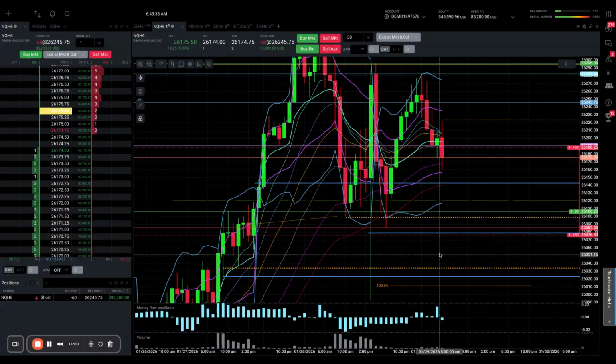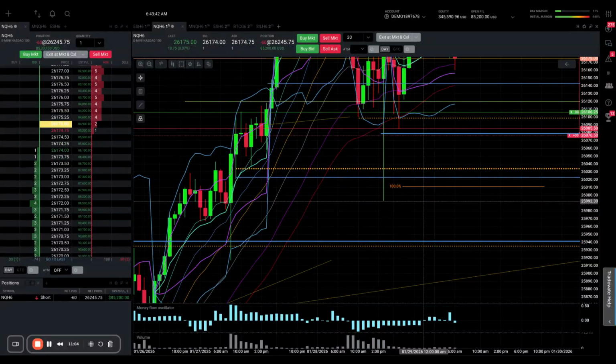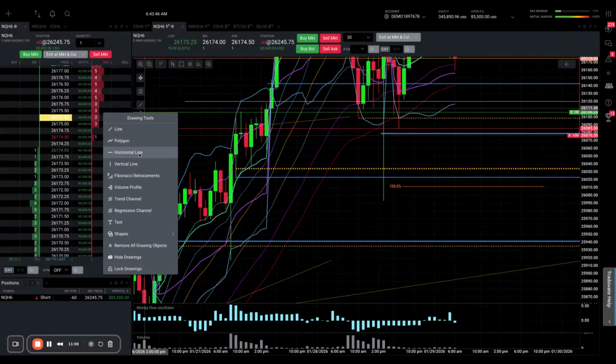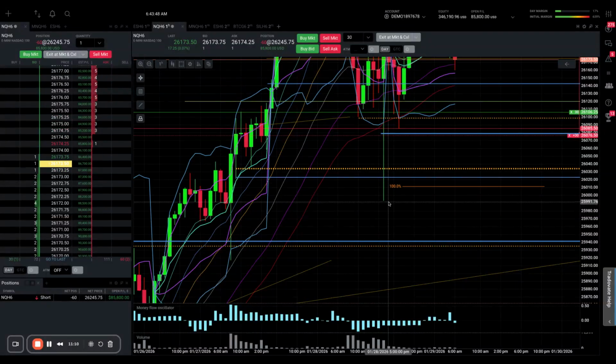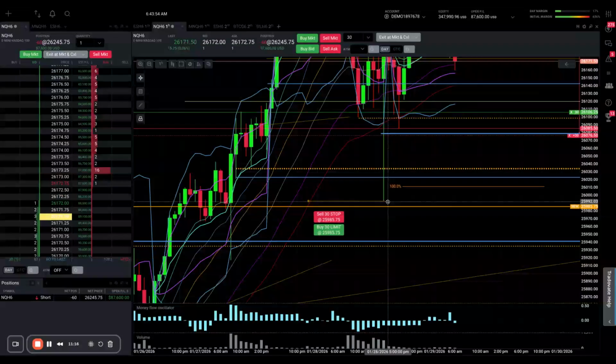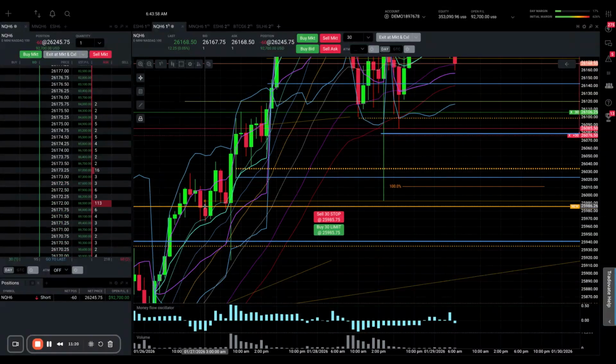Okay, guys. However, if we do break below this point right here, let me put a little line. Let me put another little line here. If we do break below here, guys, we will continue to fall.